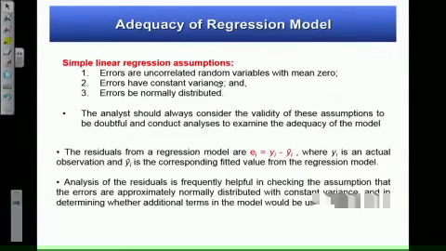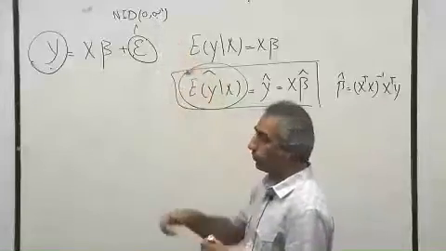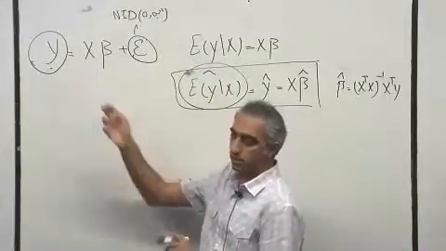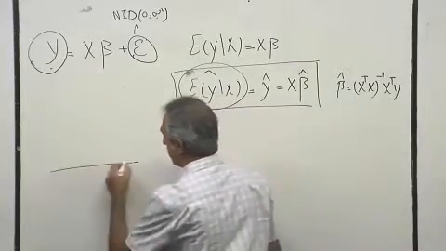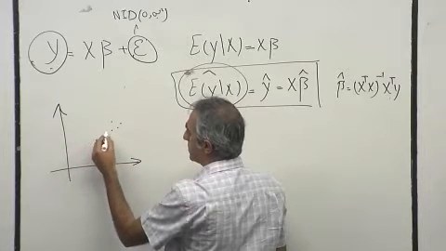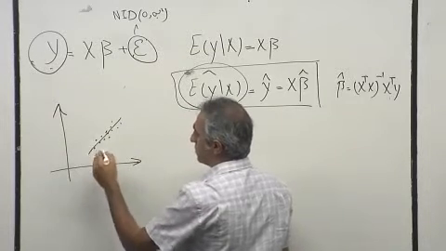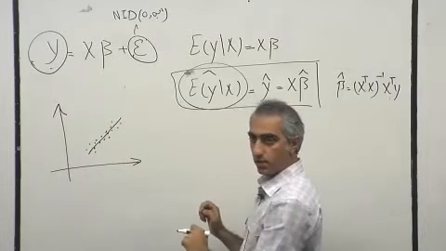Errors have constant variance, which means that this sigma squared is the same for all x's or all pairs of y and x. So what I mean is, if you have these data points, the variance of errors around this line is sort of constant.